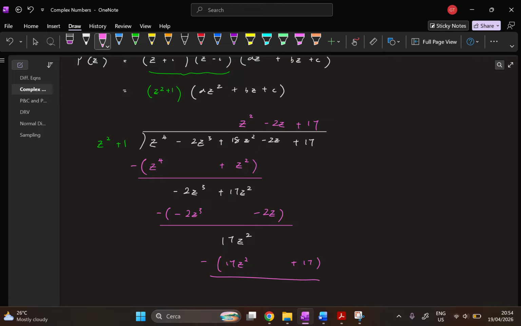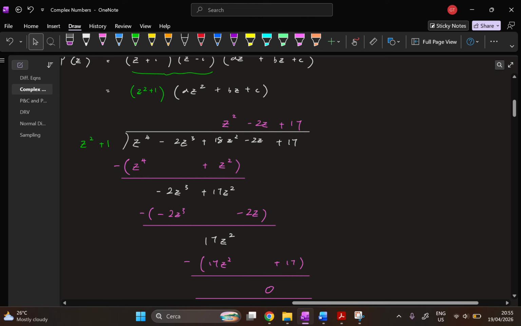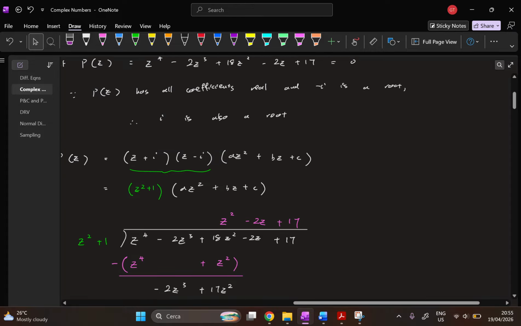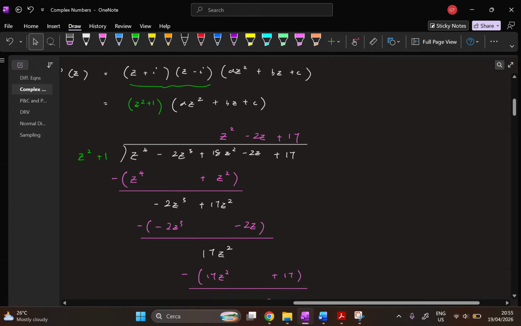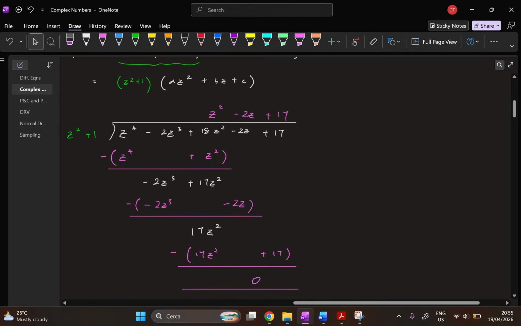Align it, and then I will get 0. There's no remainder because it is a factor. That's how I know I've been doing things right. Okay? So, ta-da! I've just reactivated a skill that you probably returned to your Sec 3, Sec 4 teachers long time ago. So I hope this makes sense to you.